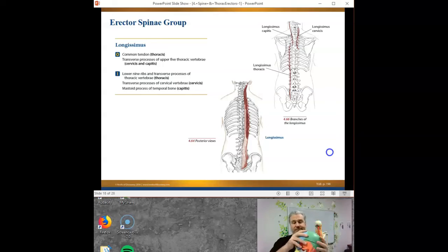This is a human skull, not a real one. This in orange is your temporal bone. If I had to pick the most important bone on the skull to a massage therapist, it's probably the temporal bone.